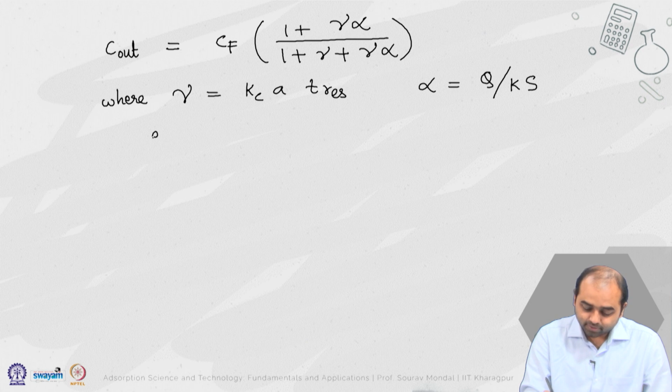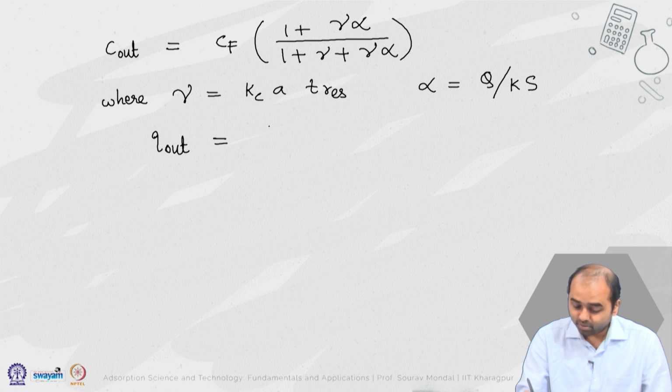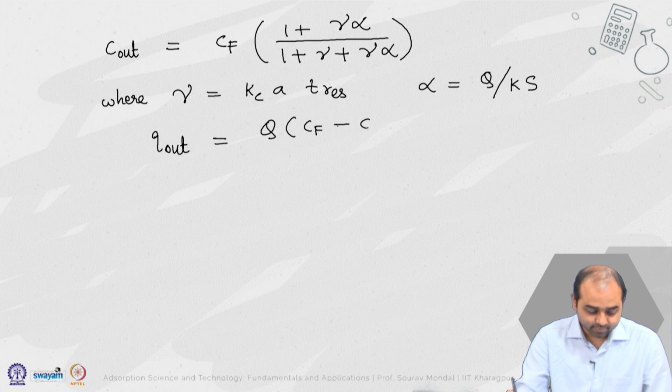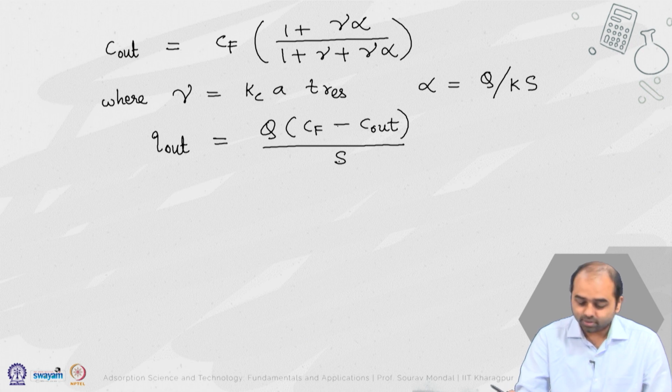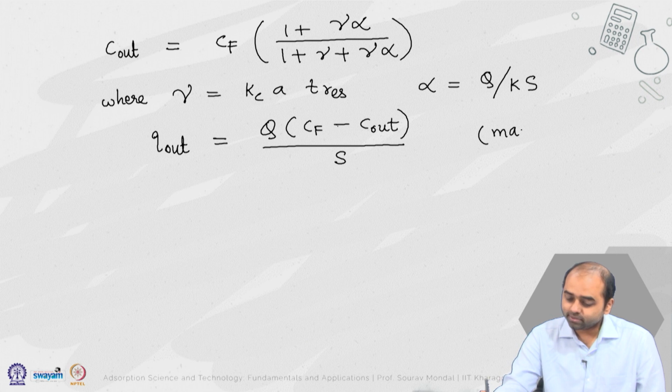The expression of q out can also be given here from the law of mass conservation, which we know is obtained simply by rearranging the mass balance equation.